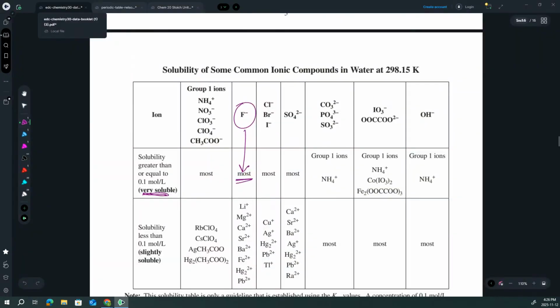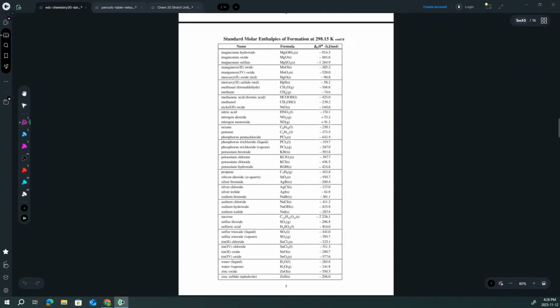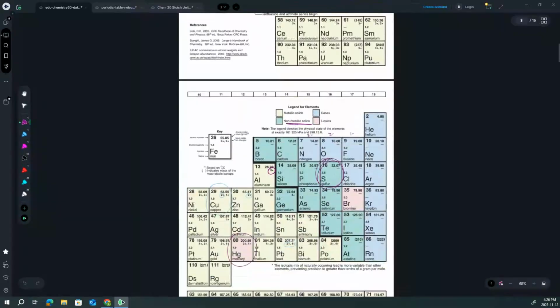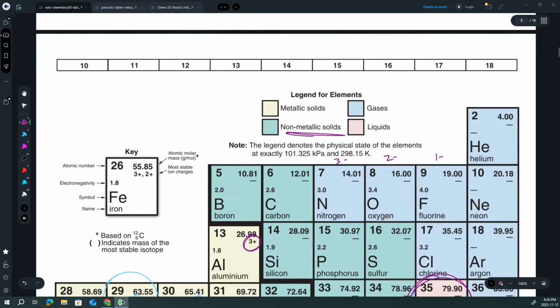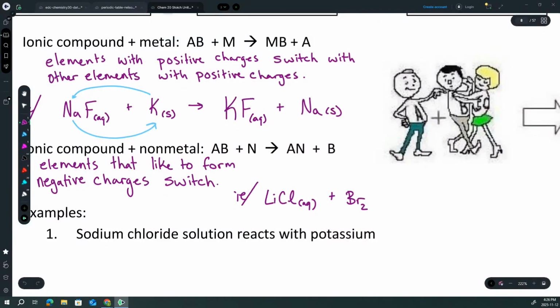If you look at your periodic table, bromine is right here. It's colored red or pink, which means it is a liquid at room temperature. So I'm going to say this is a liquid.